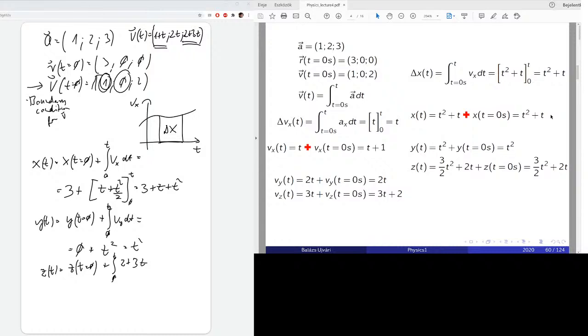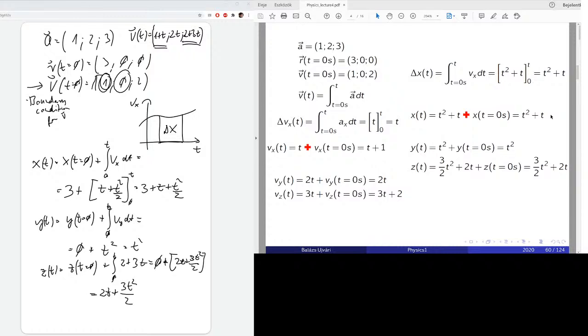So z at t equals 0 is 0. The primitive function is 2t plus 3t squared divided by 2.